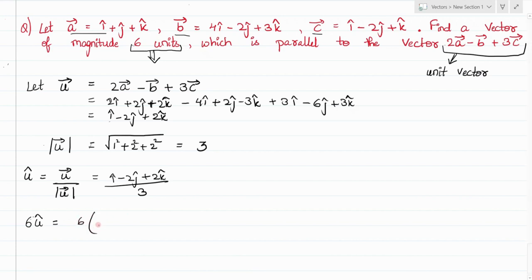Now we'll get it as 6 into i minus 2j plus 2k cap by 3, and this 3 goes with 6 two times, and finally you will get it as 2i cap minus 4j cap plus 4k cap. This is the required answer to this question, and this vector has magnitude of 6 units, and this is parallel to this vector, that is 2a minus b plus 3c.